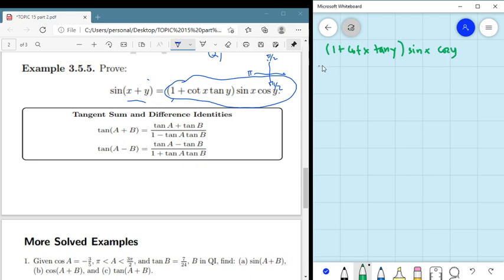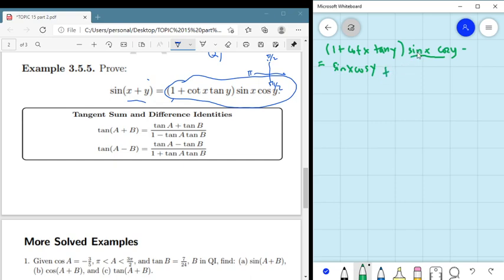In order to simplify, we need to distribute this one to every term inside the parentheses. It will be sine x cosine y times 1 is equal to sine x cosine y.